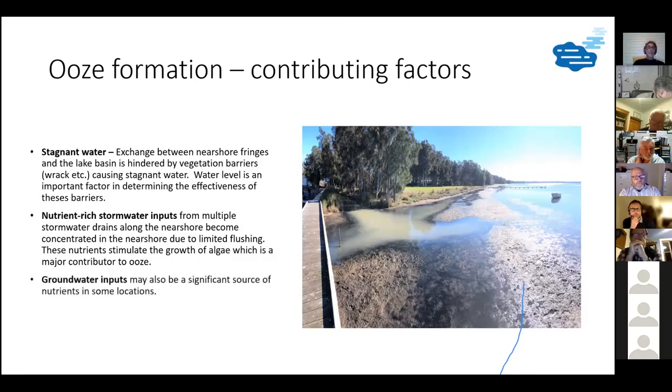We also have emerging evidence that groundwater inputs may be a significant source of nutrients in some locations. I'll note that Graham Hankin asked a question about this in relation to the sewage treatment plant up near Canton Beach, and I would agree with Graham's question there.